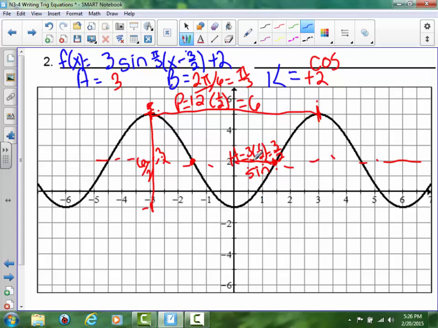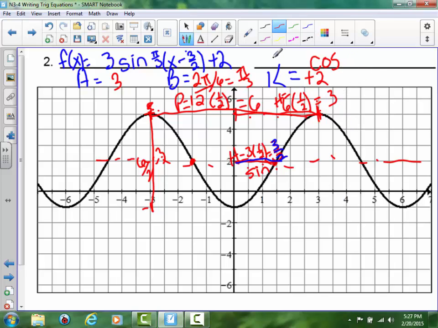Okay, so now I want to look at cosine. Okay, so switching back to red, cosine, again, this is equal distance, so I'm going to go to the right, and that's 1, 2, 3, 4, 5, 6 half units, which means h is 3.